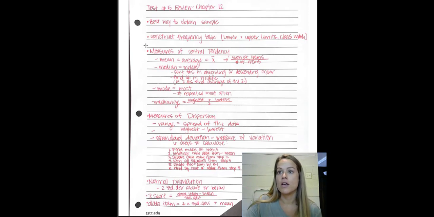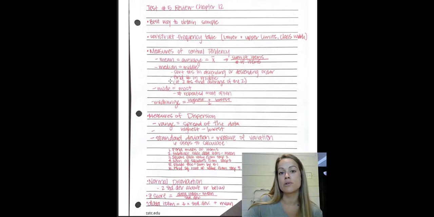Okay, measures of central tendency. So we have mean, median, mode, and the mid-range. Mean is just our average. We take the sum of our items and then we divide by the number of items. Our median is our middle number or middle item. So you have to first sort the numbers in descending order, and you want to find the number that's in the middle.